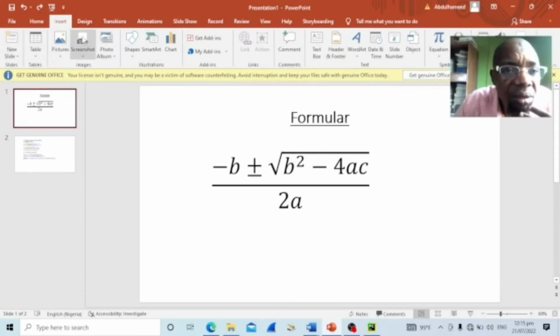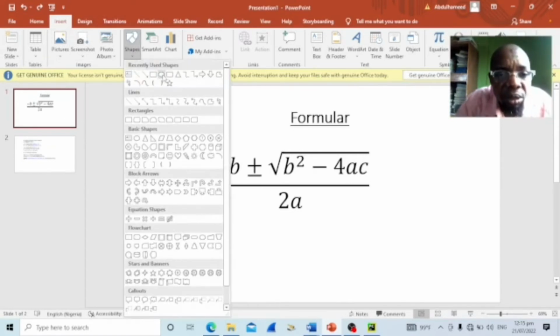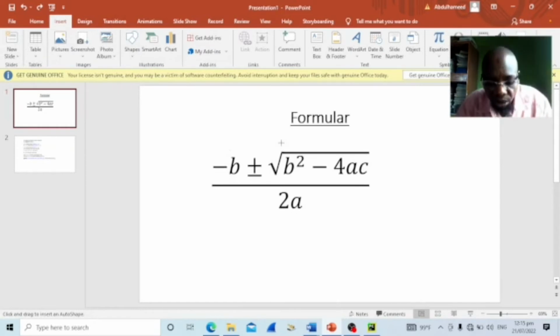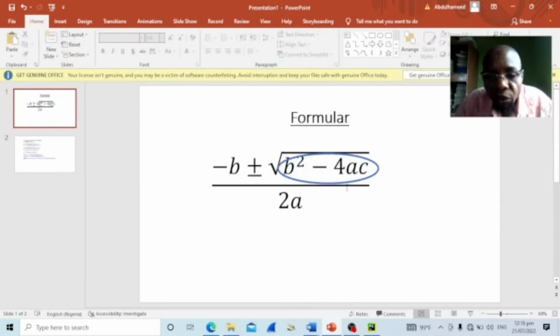Under this shapes, let me take this one. We are talking of this particular aspect alone: b squared minus 4ac.